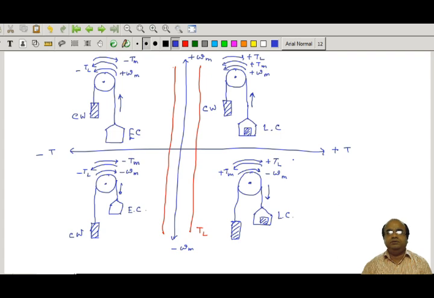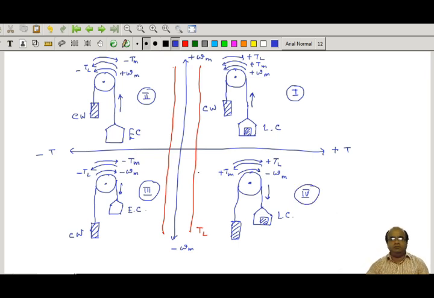Now this is the first quadrant operation, quadrant 1, quadrant 2, quadrant 3, quadrant 4. Okay.